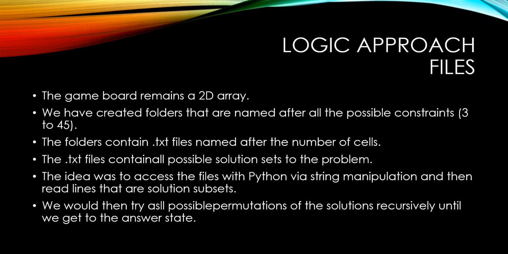So basically, we've created a folder tree where every single leaf is a text file that contains the number of cells that we would have to have on a Kakuro board. That way we could search through them with a simple file opening and line reading mechanism. And we'd be able to do a couple of things with that.